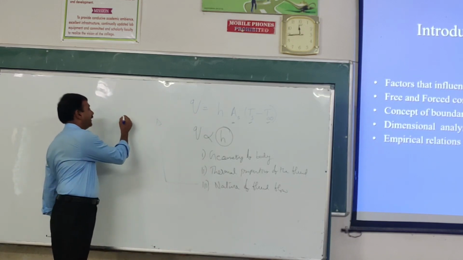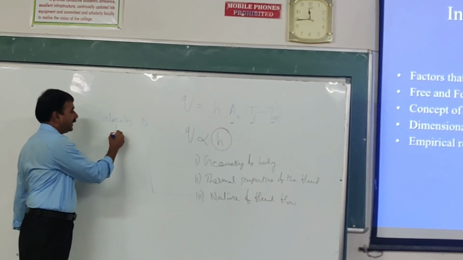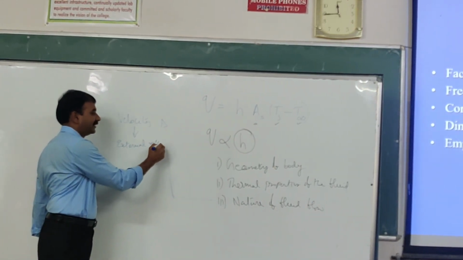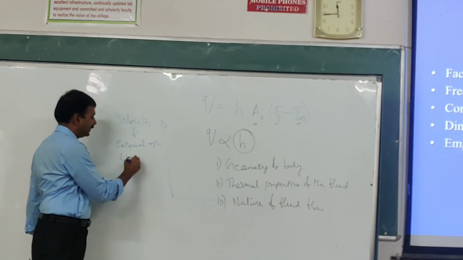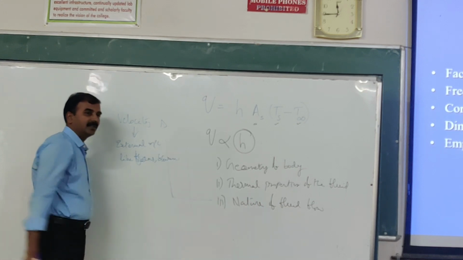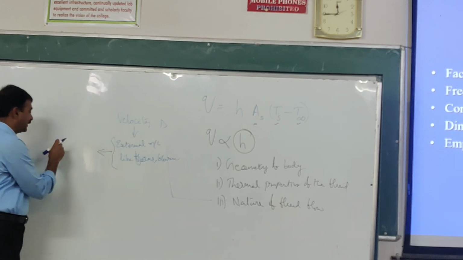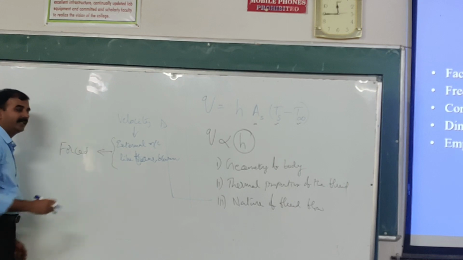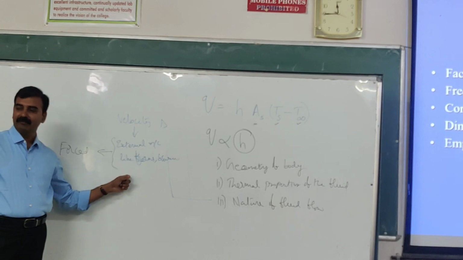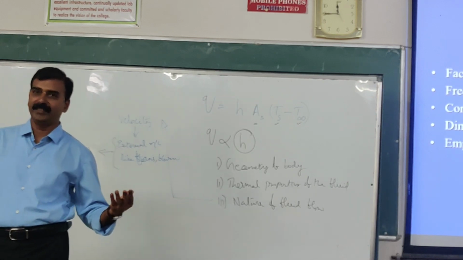Case one, where the velocity of the fluid is created by external agencies or external means or machines, like fans, blowers, etc. In such a case, we call this forced convection. If the velocity is created by external agencies like fans and blowers, we are influencing it with external sources, it's not natural.